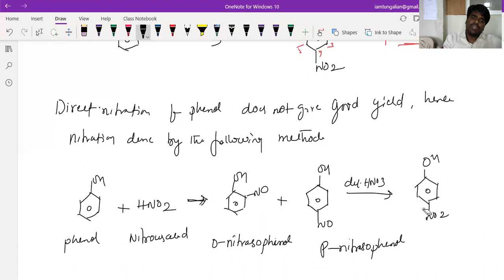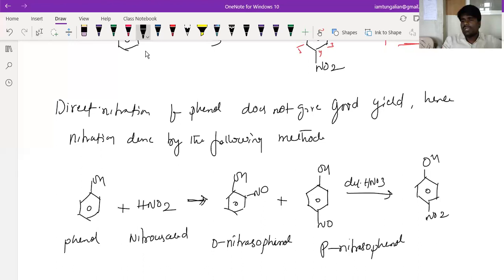So the important note is that the direct nitration will not give all nitration product, but some of it will be mononitrated.